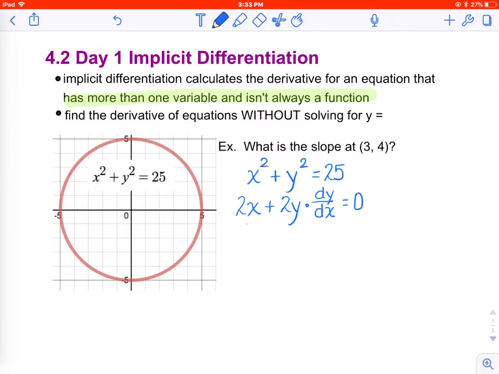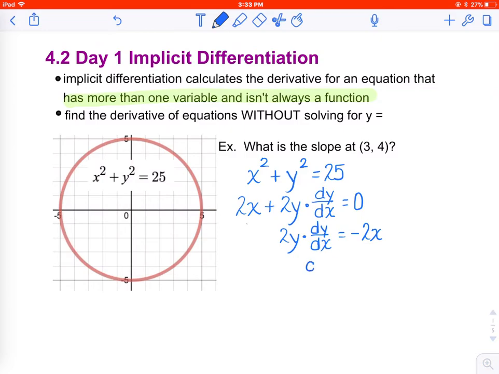Now as I go to calculate things, I'd really like the derivative in a form where I can just throw the values in. So you're going to solve for dy dx. To do that, I need to first subtract the 2x to the other side. So think algebra. That'll make it negative 2x.